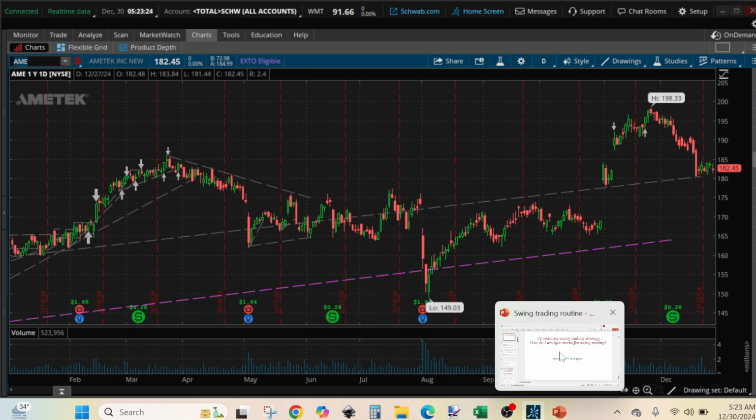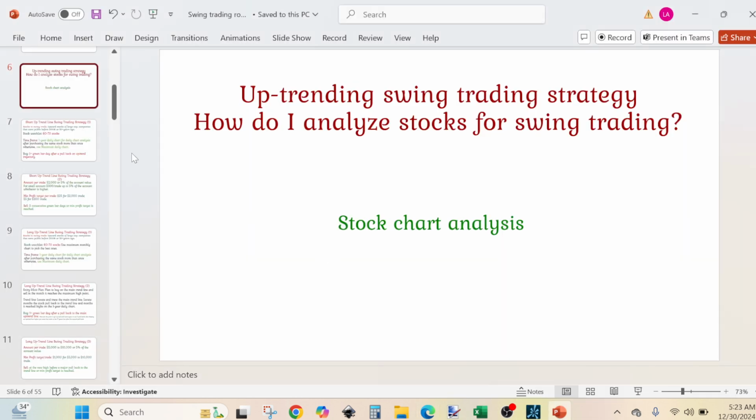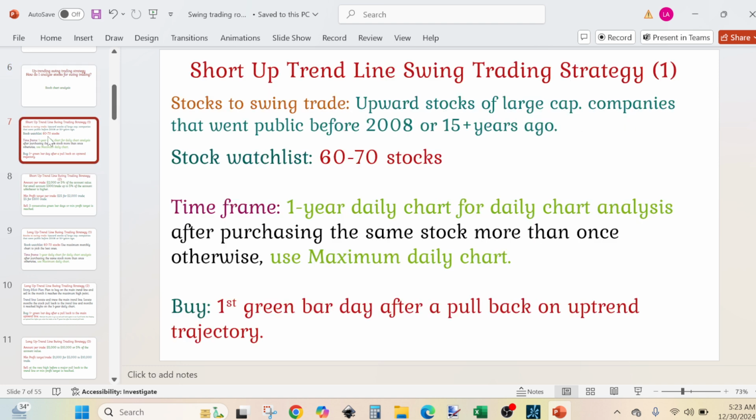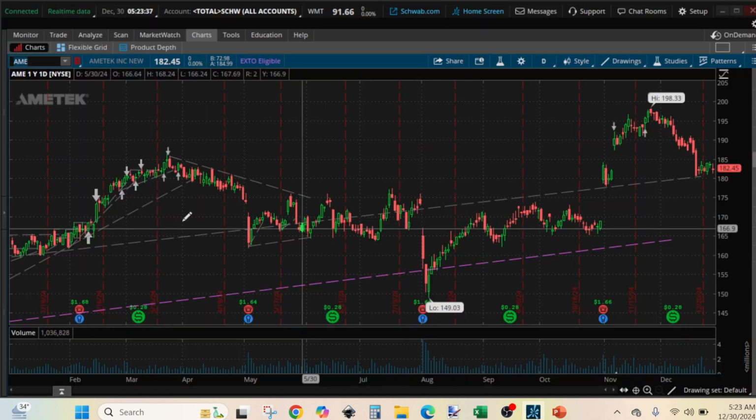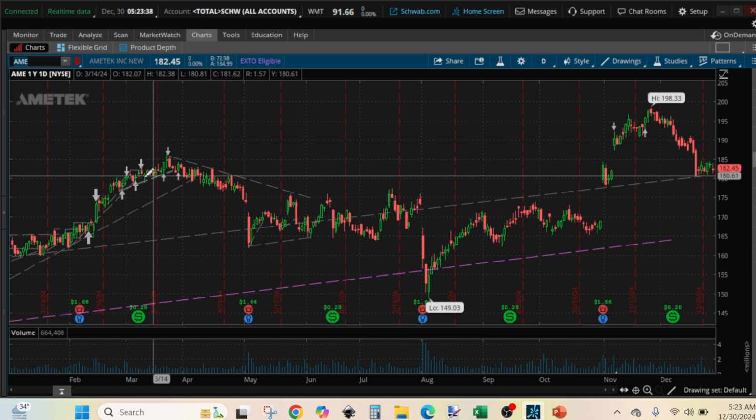And we have our uptrending swing trading strategy. In 2024, we used the short-term version by focusing on short uptrending lines to trade on.